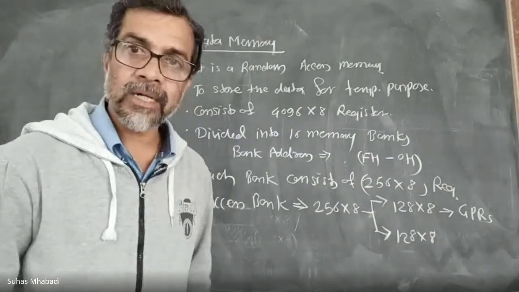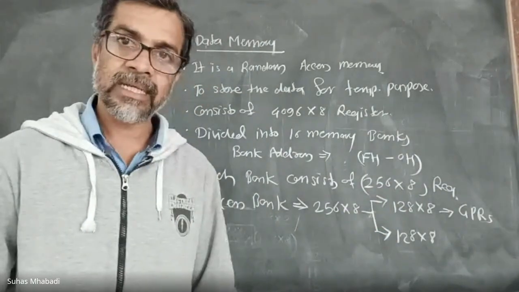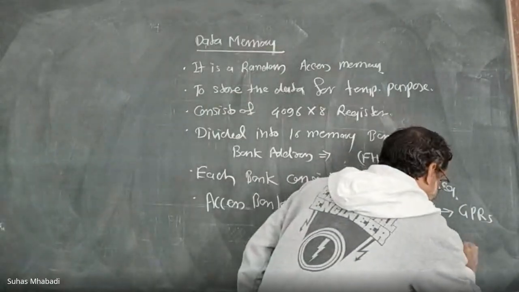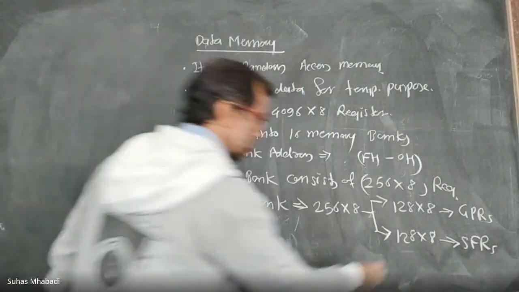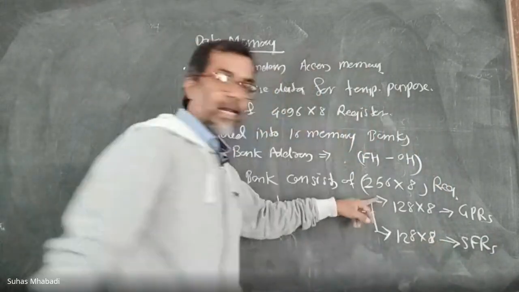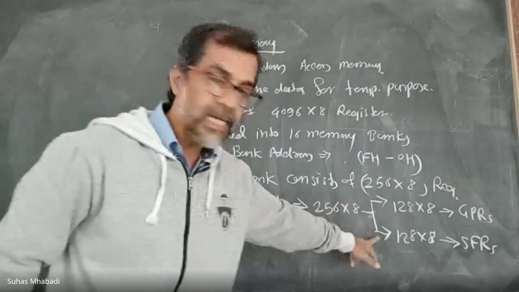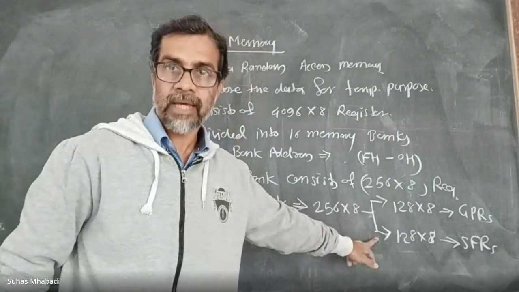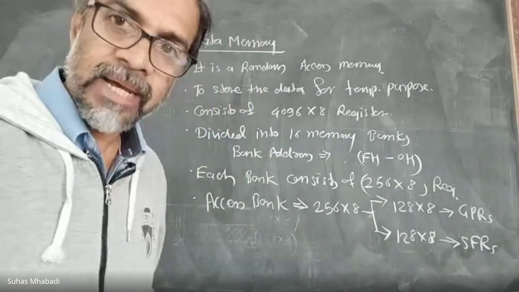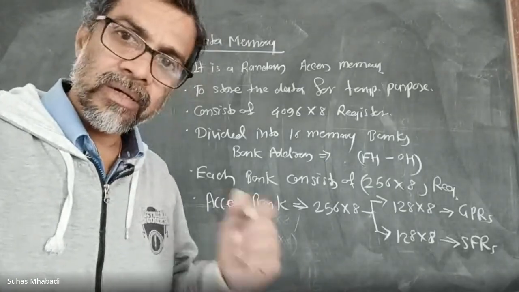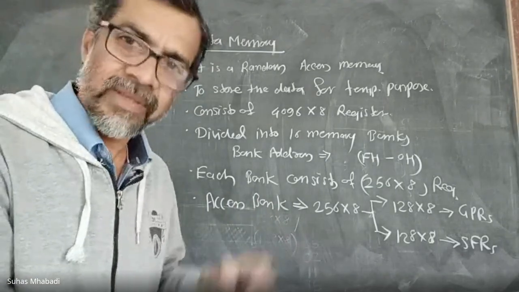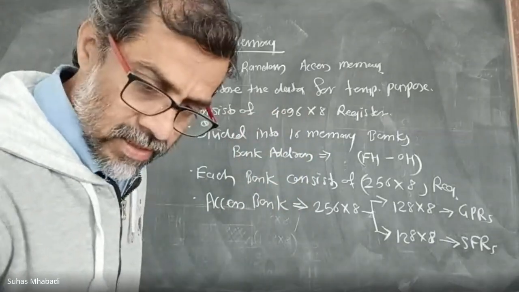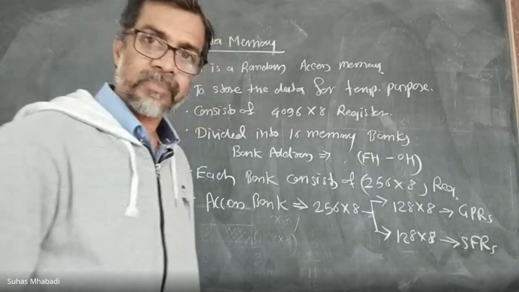Last 128s of Access Bank are called as SFRs. These are taken from bank 0 and these are taken from bank F. So Access Bank is not a separate bank. It is one more restructure, yes, restructure of the entire memory, the 4000 memory.